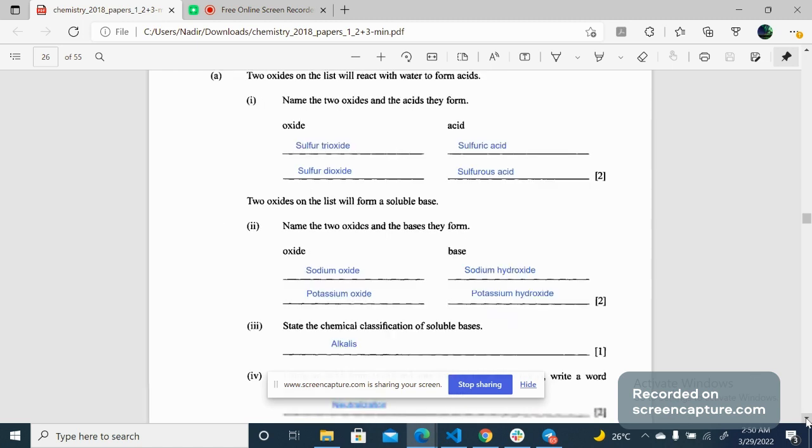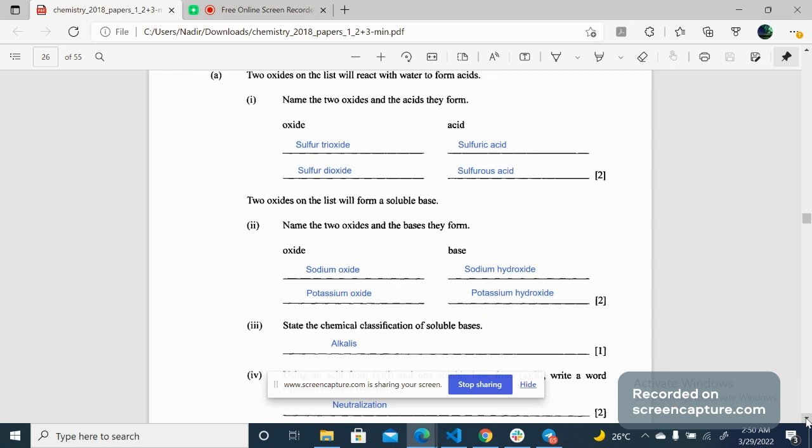Okay. Now moving on to part 2 of subsection A. Again, it refers to the list of five and asks us to write two of the oxides that form a soluble base. By soluble they mean water-soluble bases, bases that don't result in precipitation when they are put into water.